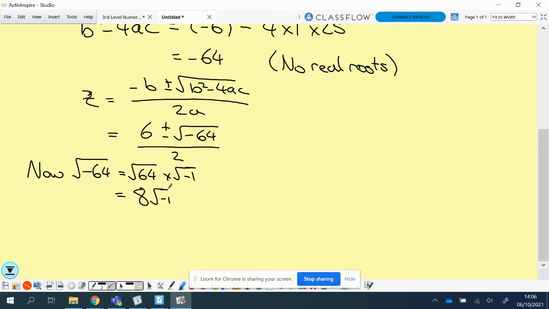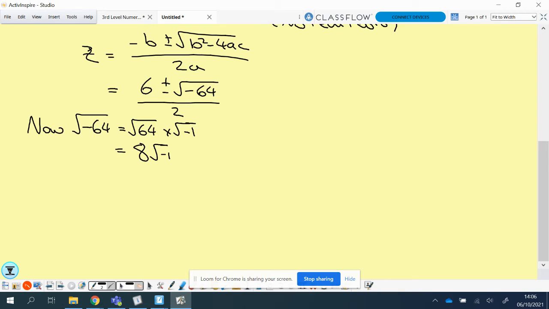Now let's suppose we can make this imaginary. Every time we have the square root of negative 1, we'll call that i, lowercase i. That means the square root of negative 64 would be known as 8i.